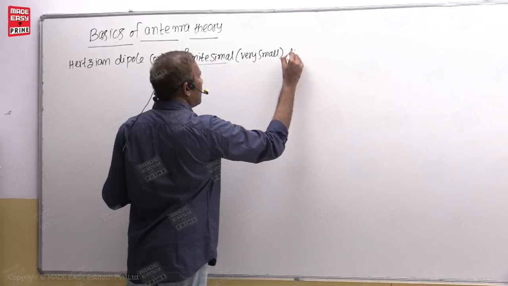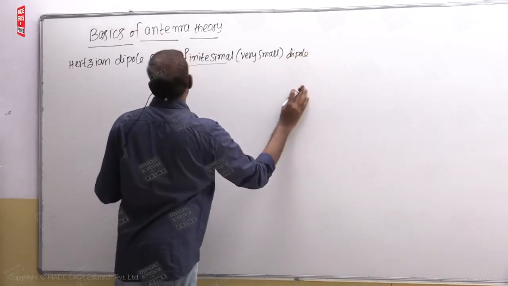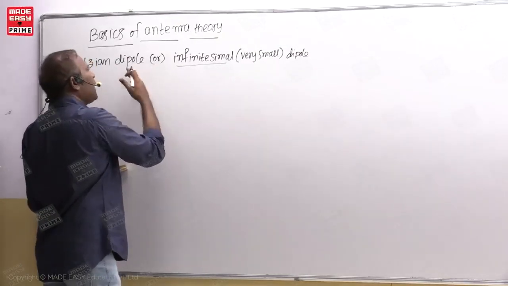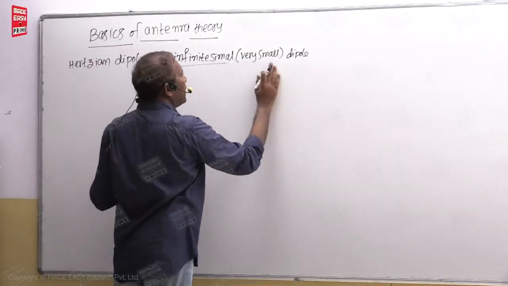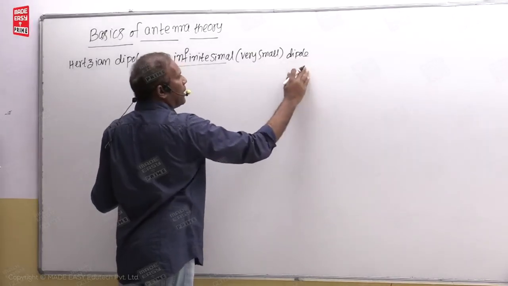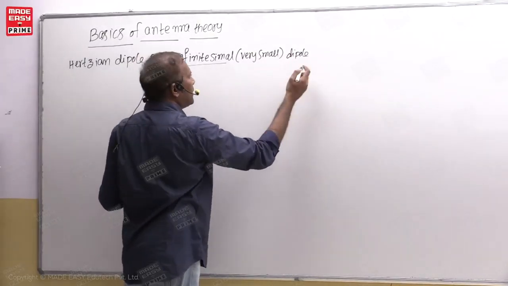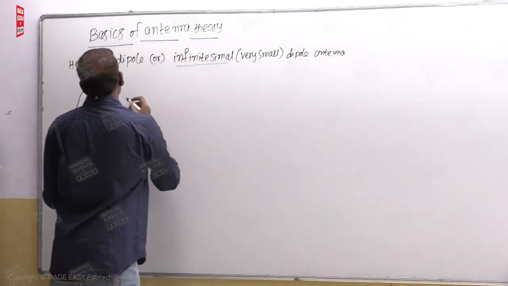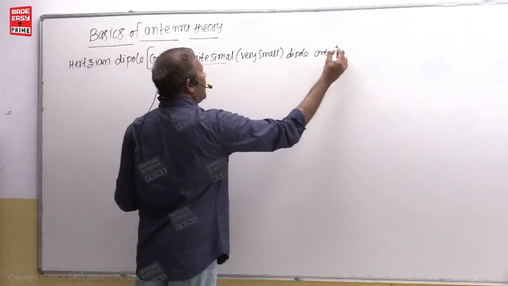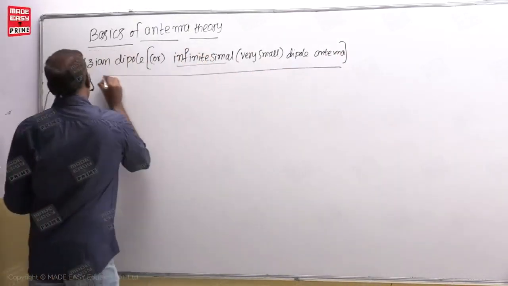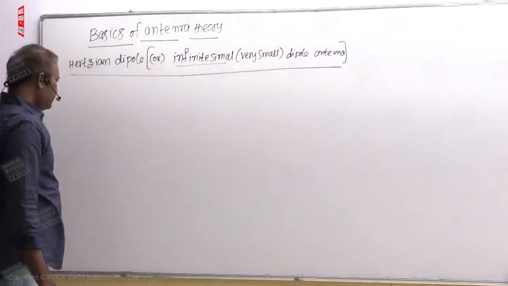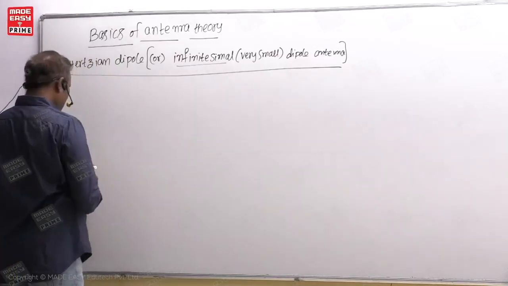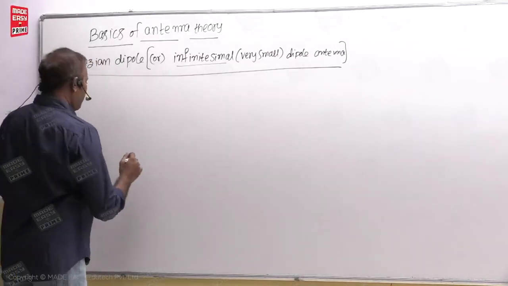So you can say Hertzian dipole antenna, or simply Hertzian dipole, or infinitesimal dipole antenna, or simply infinitesimal dipole. Okay, so what is this Hertzian dipole?